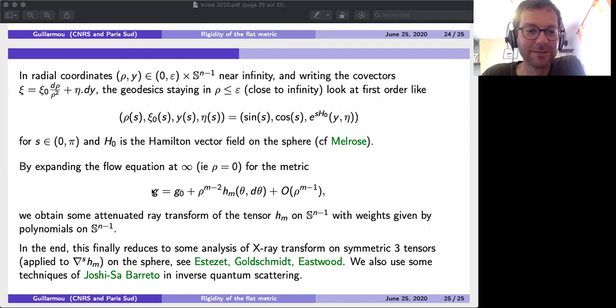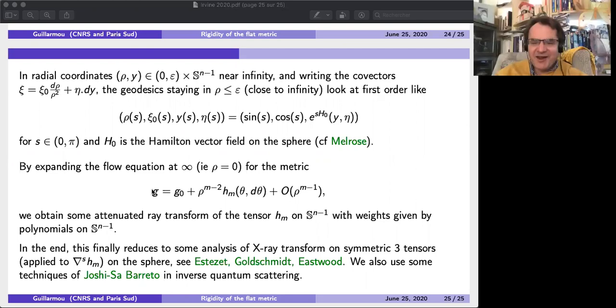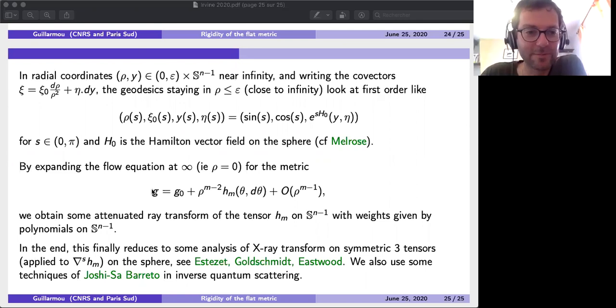It's very nice that in any case the symmetric 3-tensor X-ray transform shows up somewhere. Yeah, it's bizarre, I must say, but at some point there is the symmetric derivative of this tensor h_m that comes, and you have some ray transform of this that comes. The proof is really, in the end, quite tricky actually.